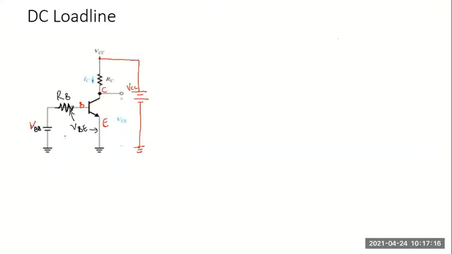Now, let us try to write the KVL equations of input and output loop. In order to define the load line, I need the KVL equation of this output loop. Remember one thing, don't forget about the voltages between base and emitter.